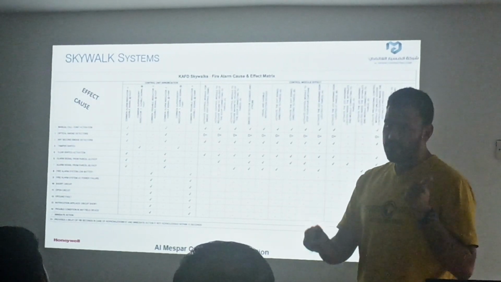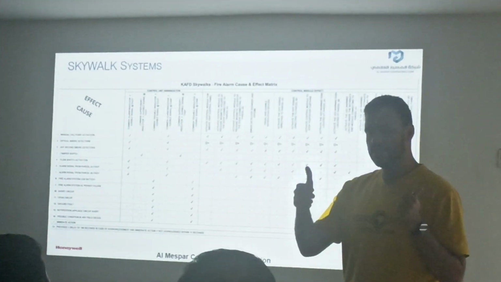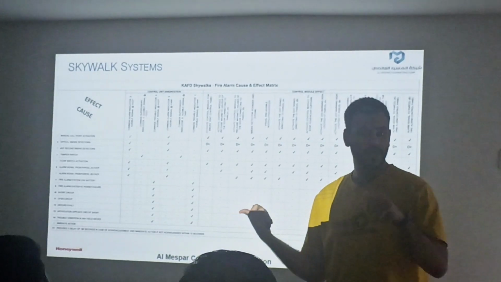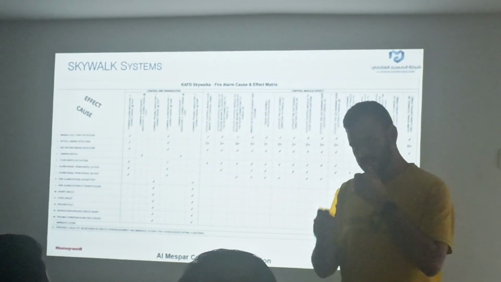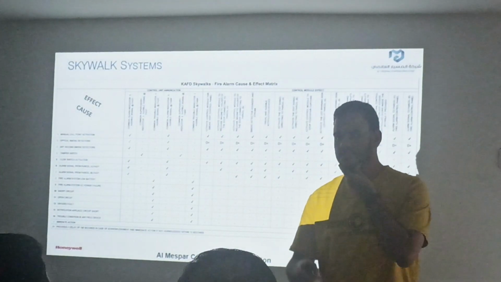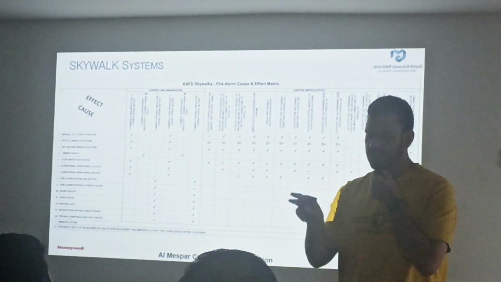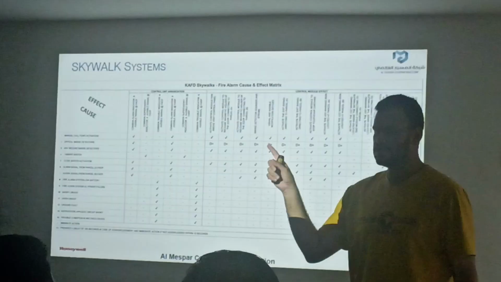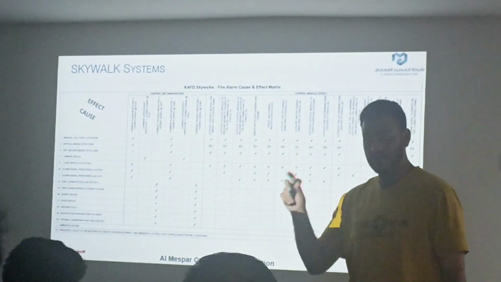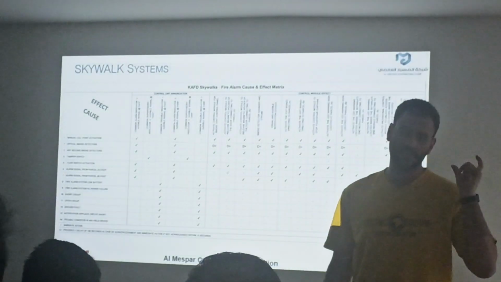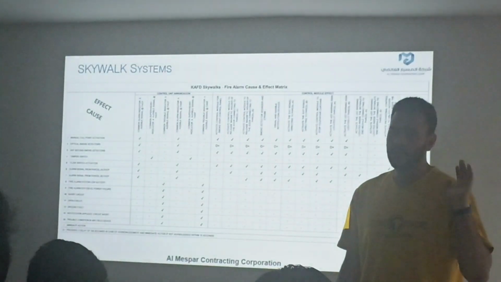If there is fire inside the skywalk, it will give a signal to parcel A and to parcel B. Let's say, for example, we have a sky bridge between building 111 and building 112. If fire happens inside the skywalk, it will report fire inside 111 level 1 and inside 112 level 1.